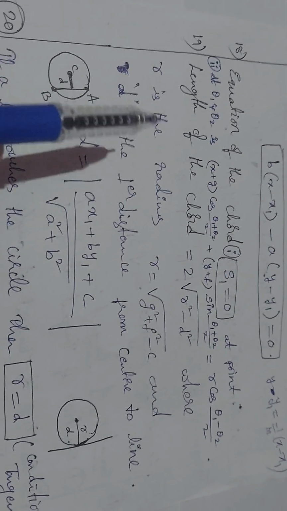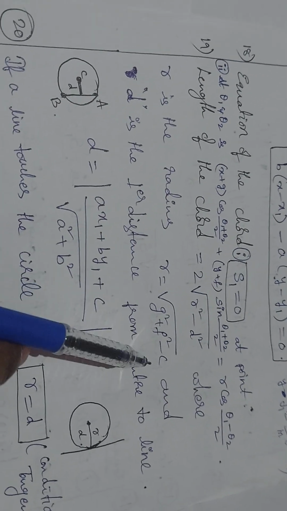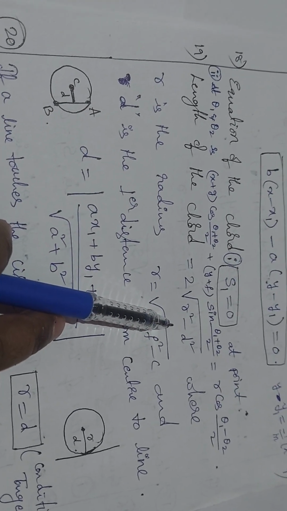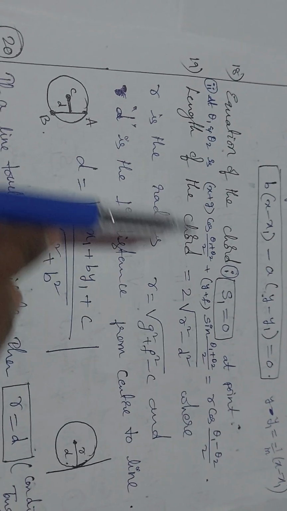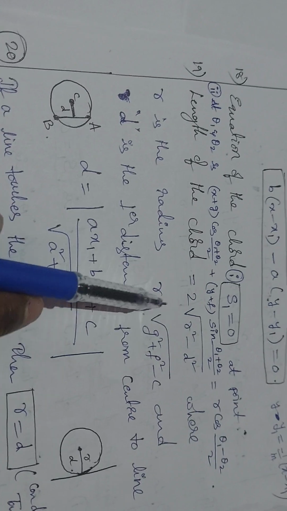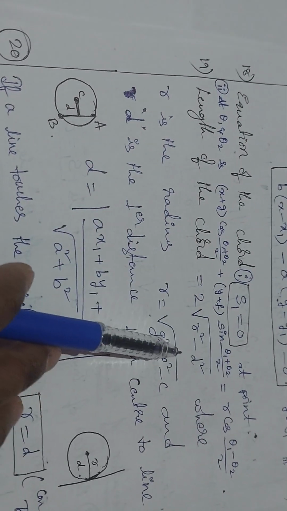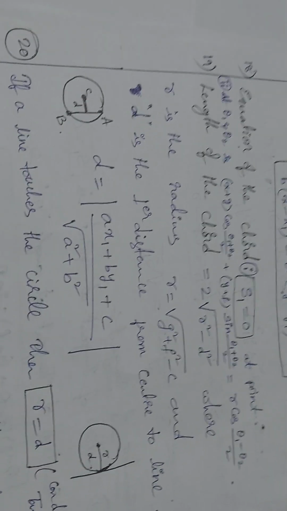Next, length of the chord. The formula is 2 under root r square minus d square. Important for 4 marks. Of course, next chapter also. Where r is the radius, r equals under root of g square plus f square minus c, and d is the perpendicular distance from the center to the line.